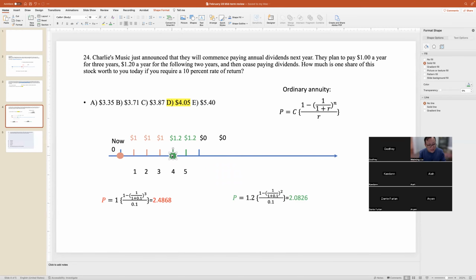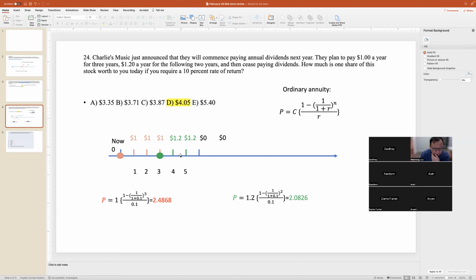So here, can anyone tell me what is this present value I'm calculating actually? P3, yeah, that's correct. That's a P3, because this is my beginning and this is my ending.